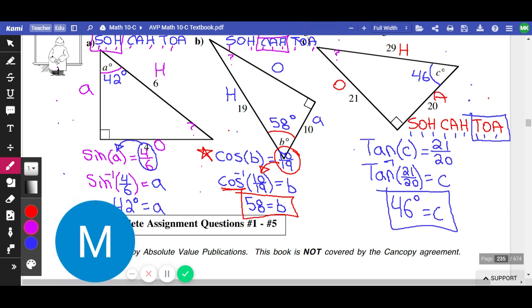That means if I go 180 and I subtract the other two angles, so subtract 90 because that's a 90 degree, and subtract 42 because we now know that's 42, it will tell you your missing angle. In this case, it would be 48.